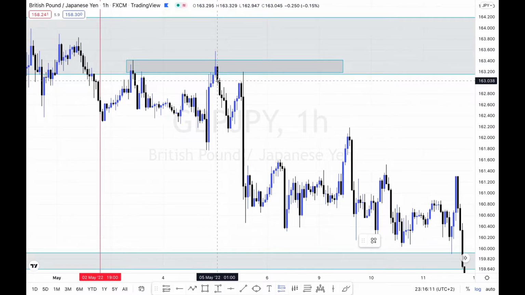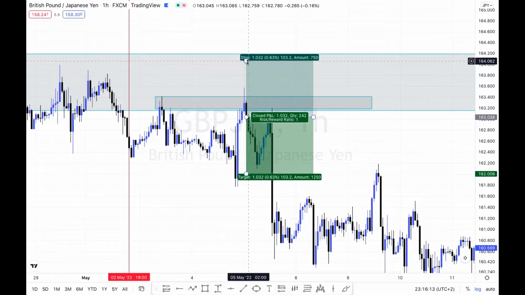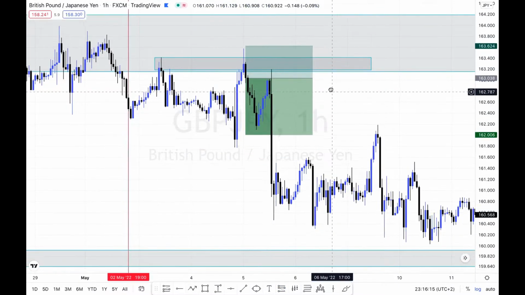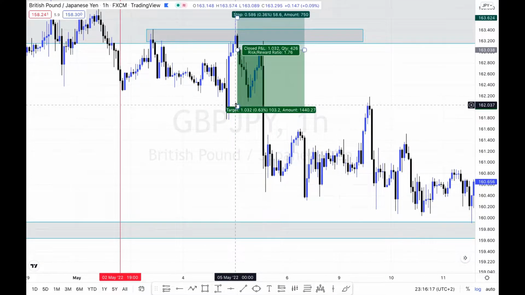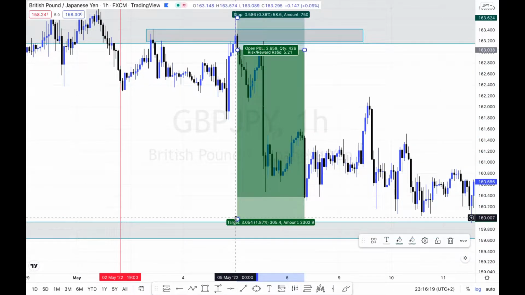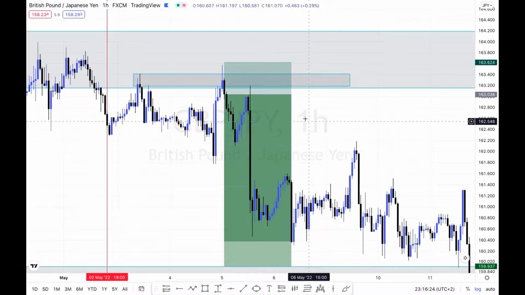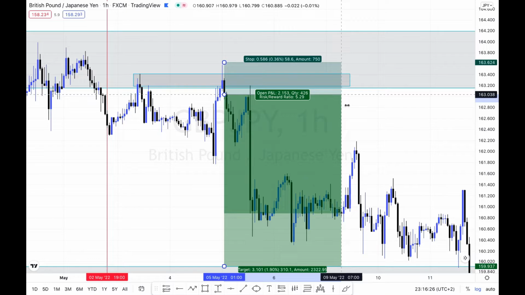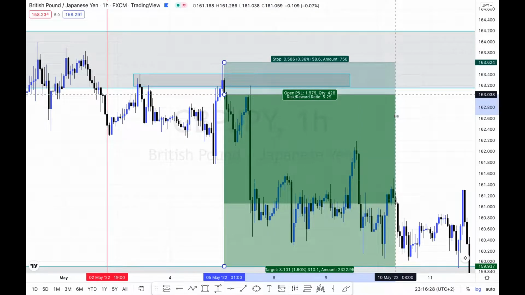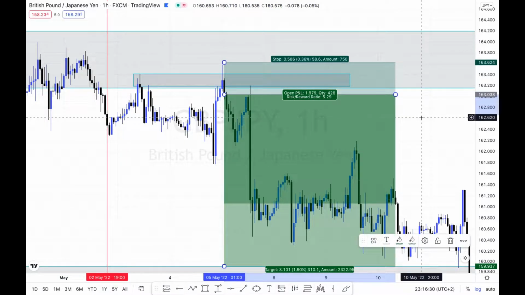So you would have taken your entry from here, stop loss a bit above the wick, then your take profit would have been here, 300 pips. Depending on the type of intraday trader you are, because some intraday traders tend to risk more than others, you might have taken this, but others maybe not.